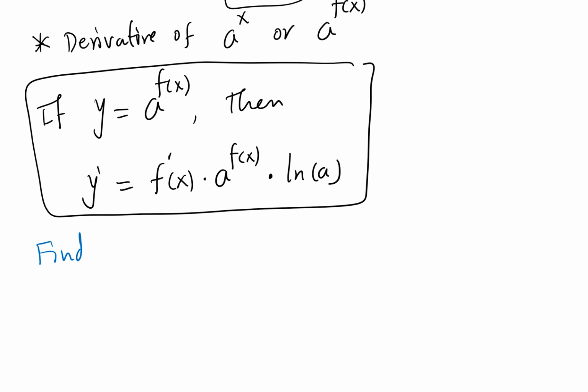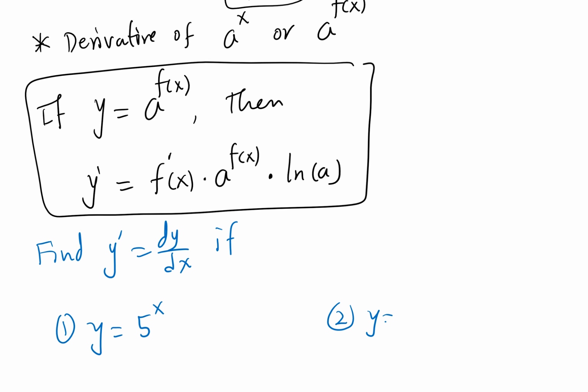So to practice on this formula, find y prime, which is dy dx, if part 1, y equals 5 to the x, or y equals 3 to the 5x minus 1.